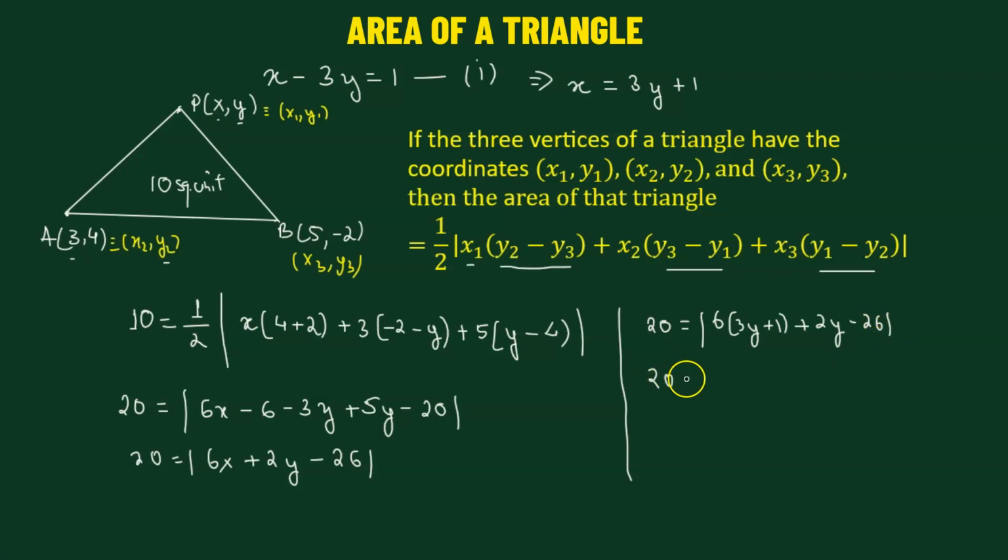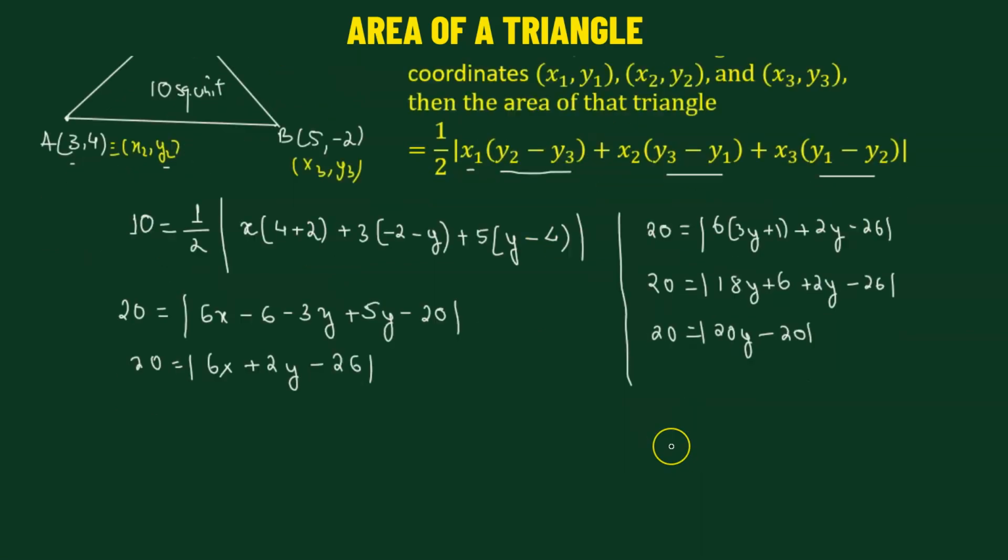Then 20 equals 18y plus 6 plus 2y minus 26. So 18y plus 2y is 20y, and 6 minus 26 is negative 20.